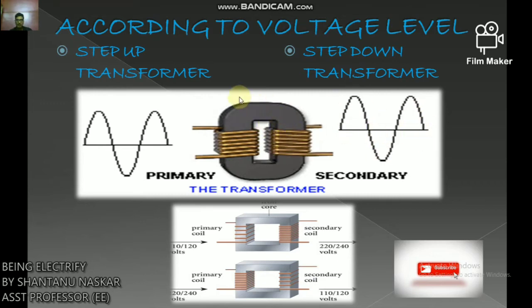So we can say that if the number of turns and voltage in the secondary is greater than the primary, then it is called step up transformer, and if the number of turns and voltage is lower than the primary, then it is called step down transformer. In this picture the number of turns is more, so the output voltage is more. Here the number of turns is less, so the output voltage is less.